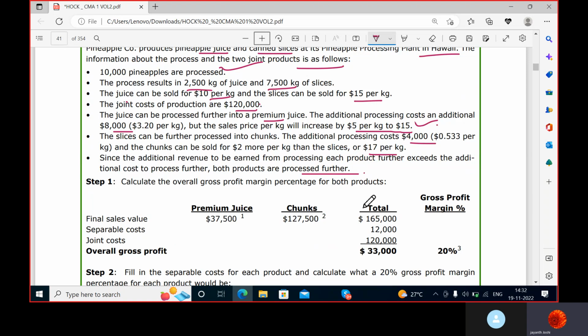They are taking the maximum retail price of $15. So it is 37,500. That is the final sales value after further processing. And 7,500 into 17 is $127,500.